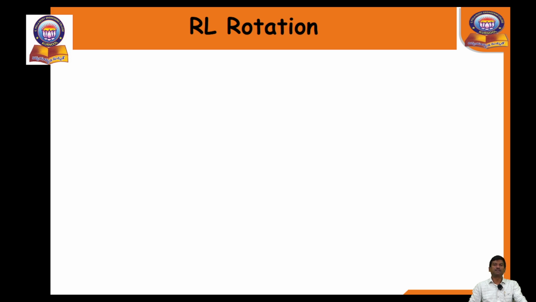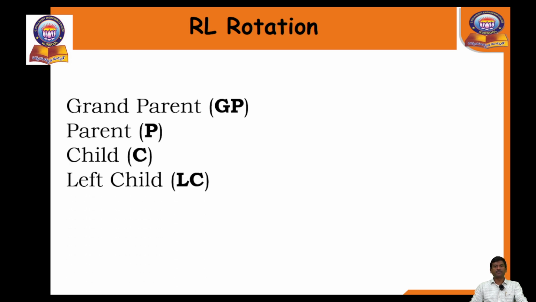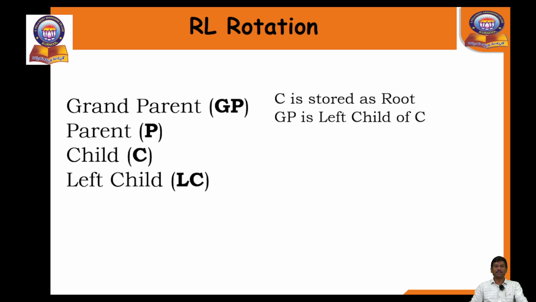Similarly, consider the RL rotation. When to perform the RL rotation? When the right tree is heavy, out of which the left subtree is heavy. In such scenarios, you need to perform the double rotation, that is RL rotation. Same notation: GP, P, C and similarly left child. There are certain modifications as compared with the LR rotation. There is a certain difference in the LR rotation compared with the RL rotation. C is stored as root, as in the LR rotation.